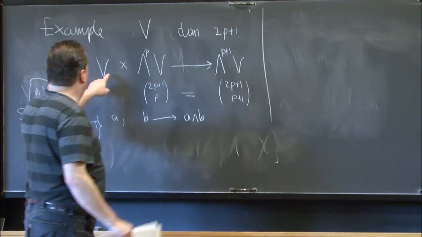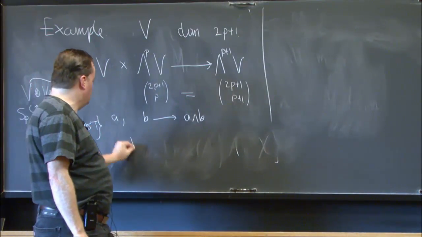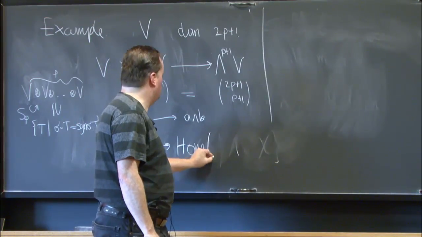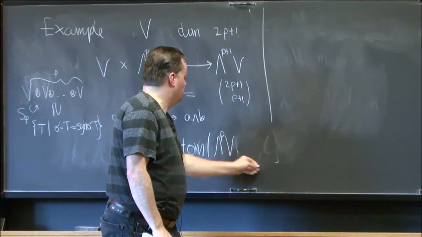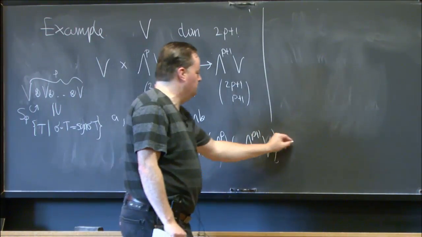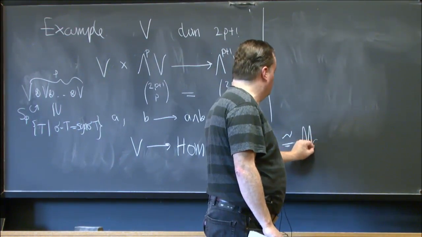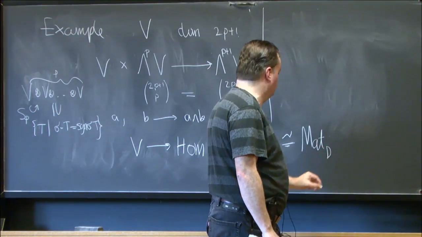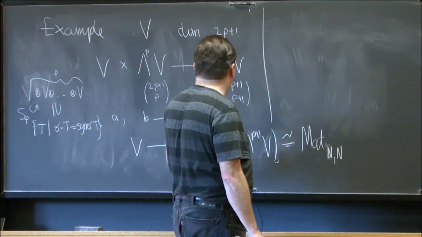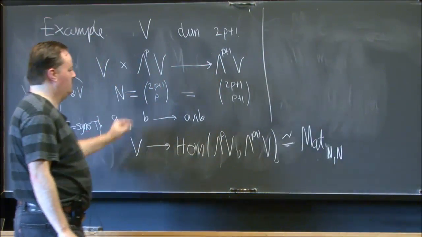Anyway, another way of thinking about this is as a linear map from V to hom of wedge p V to wedge p plus 1 V. And this we can think of as matrices of size capital N, where N is this number here.